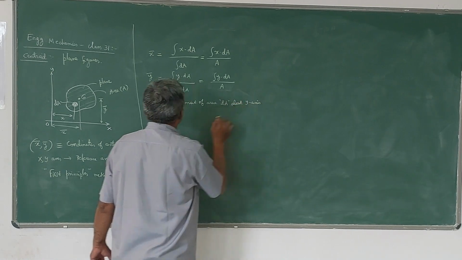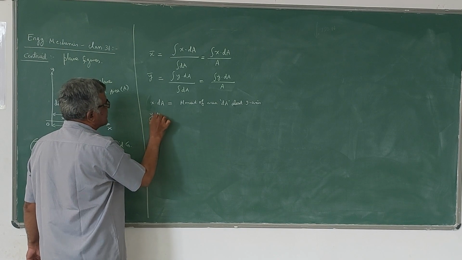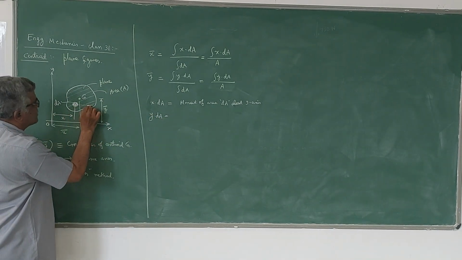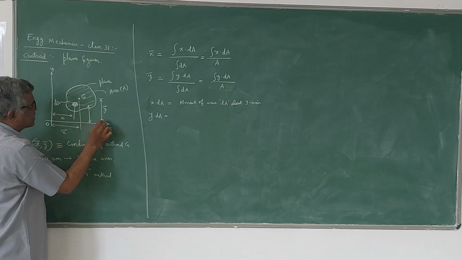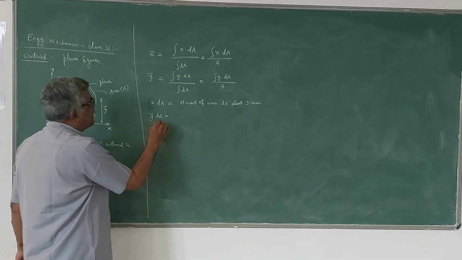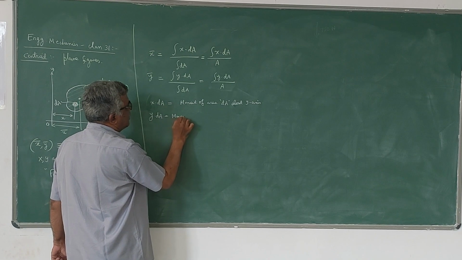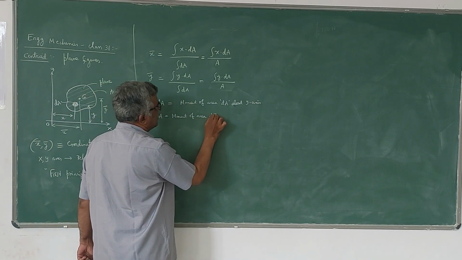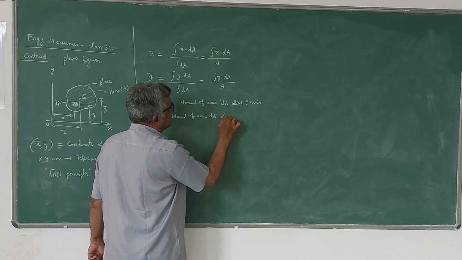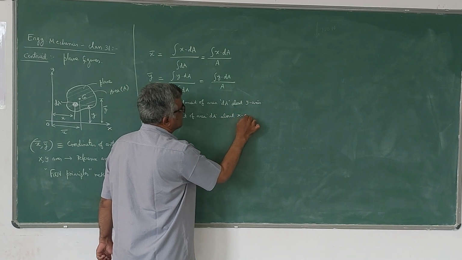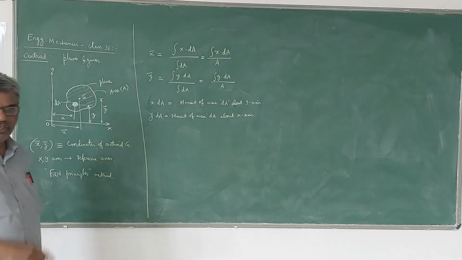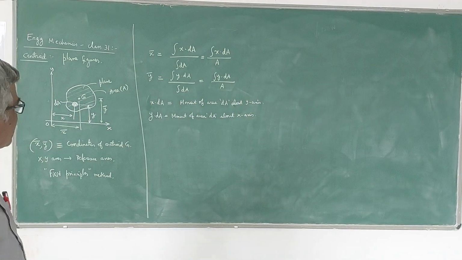Similarly, if I take the distance of this elementary dA from the x-axis as y, then y dA is nothing but the moment of area dA about the x-axis, because the distance is measured from the x-axis. This is how the moment of area is defined.